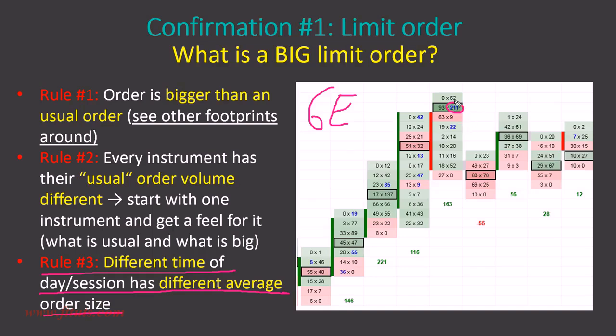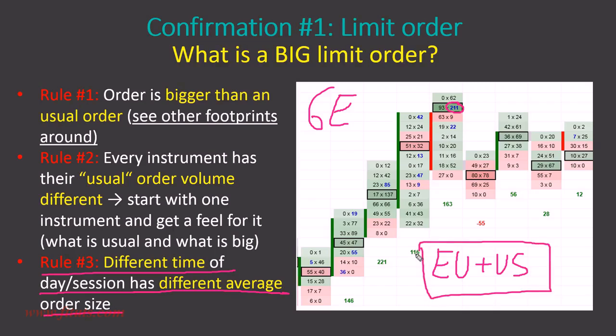But if this number occurred during the peak, which is the European and US session overlap, where most of the volume gets traded, then this number wouldn't really be anything special. So you also need to pay attention to whether this number occurs during a calm session or during the peak. And also during the news, of course, because when there's news, there are huge volumes.